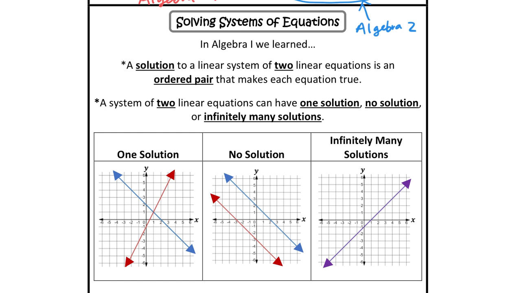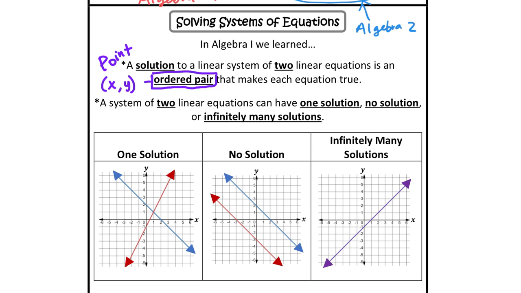So what is an ordered pair? It's when you have something with coordinates, right? x, comma, y. So an ordered pair is like a point. You might think of it that way.